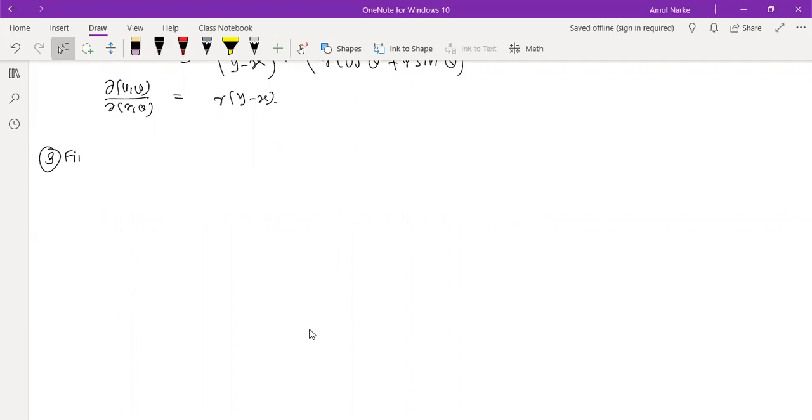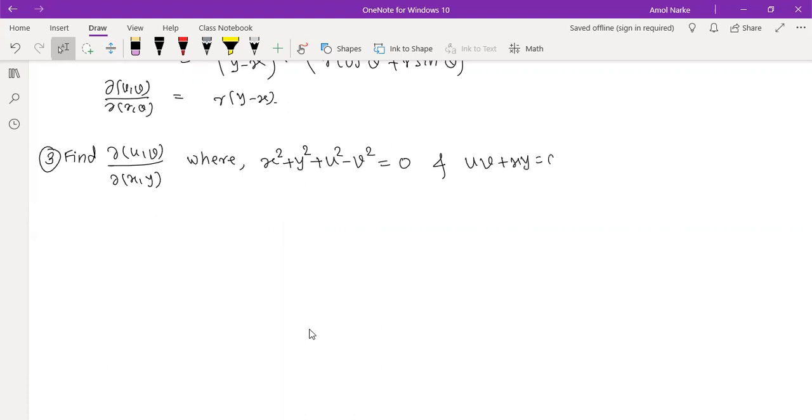Find the Jacobian of u comma v with respect to x comma y, where x square plus y square plus u square minus v square is equal to 0, and the other function they have given, u into v plus xy, is equal to 0.